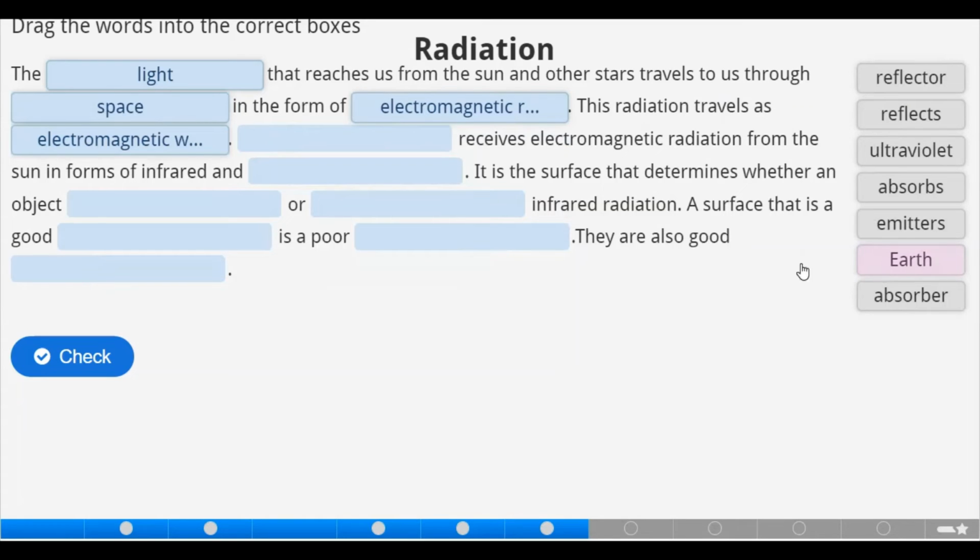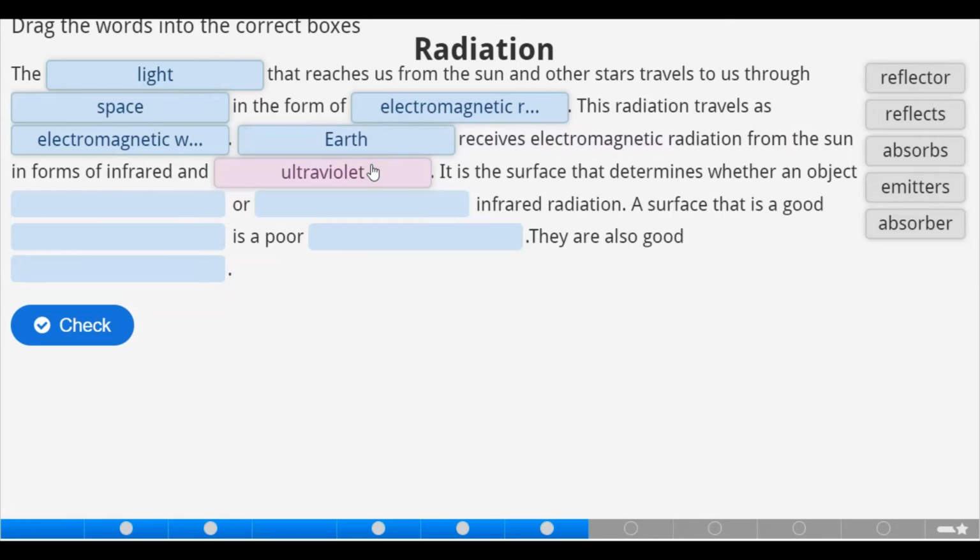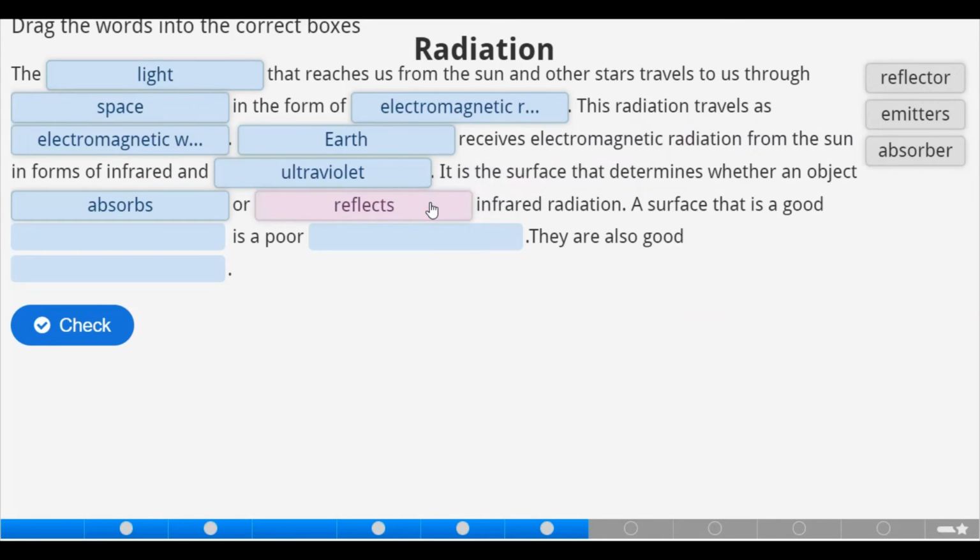Earth receives electromagnetic radiation from the sun in forms of infrared and ultraviolet. It is the surface that determines whether an object absorbs or reflects infrared radiation.